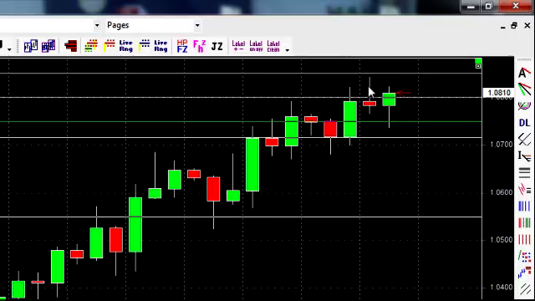So we changed our limit, which is where we want to take our profit, to our open. We almost got stopped out here. As price moved its way down today, it closed out our trade at break even. So we didn't lose, but we didn't win.